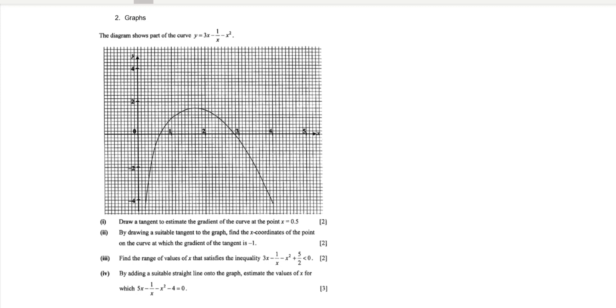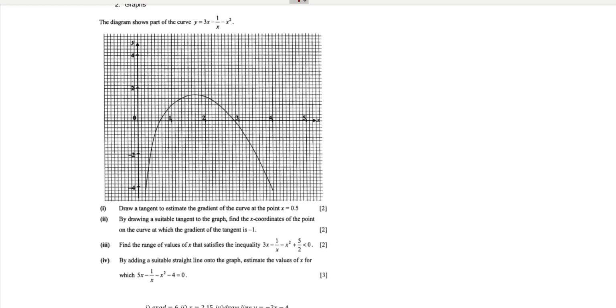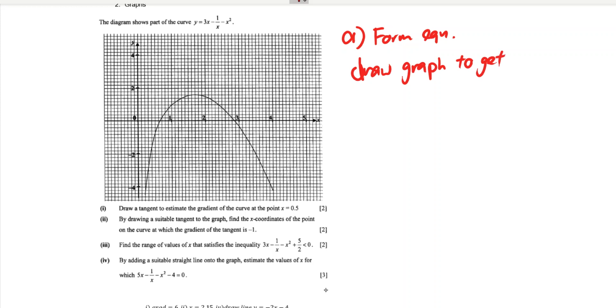Now if you refer to the 2018 real world application question, the question may ask you to form the equation and then draw the graph to get the solution. If you do not know what I'm talking about, refer to the 2018 last question, about forming the equation and then using the graph to get the answer.